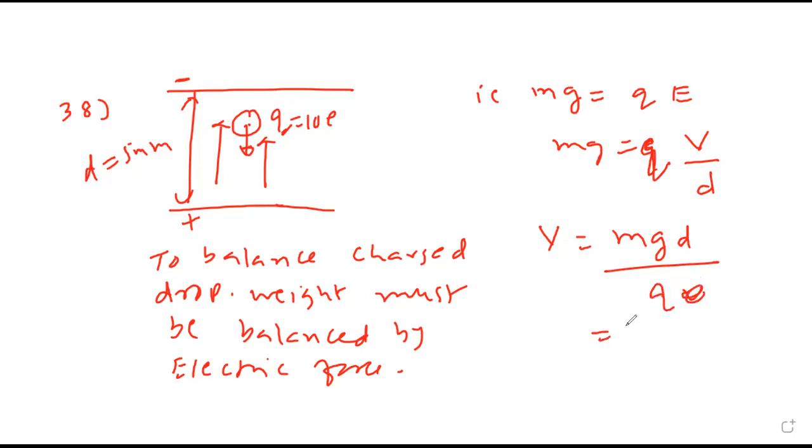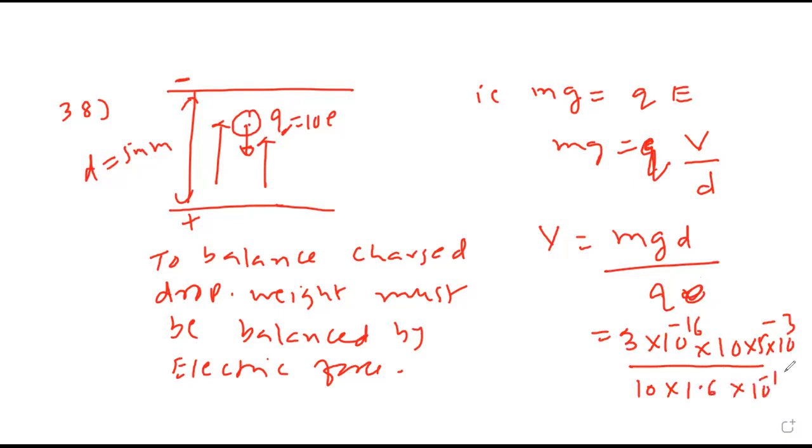Charge Q. Mass is 3 into 10 raised to minus 16. g is 10. d is 5 into 10 raised to minus 3. And charge is 10 electrons. So 10 into 1.6 into 10 raised to minus 19. 10 into 10 raised to minus 19 is minus 18.